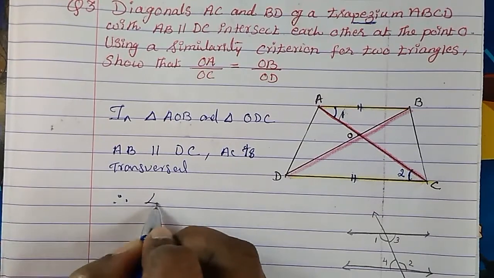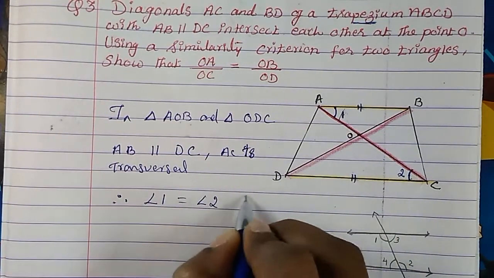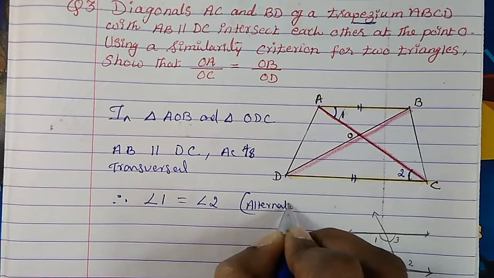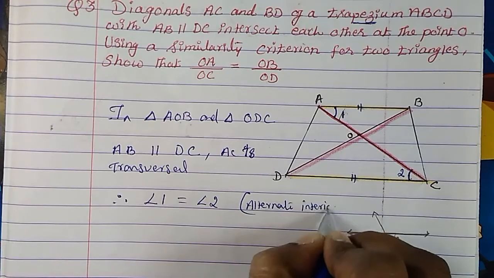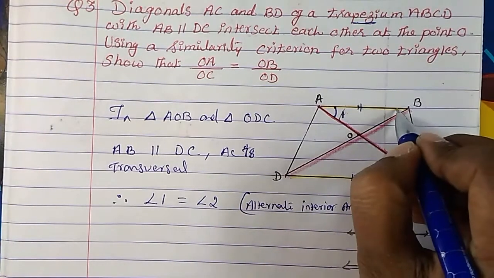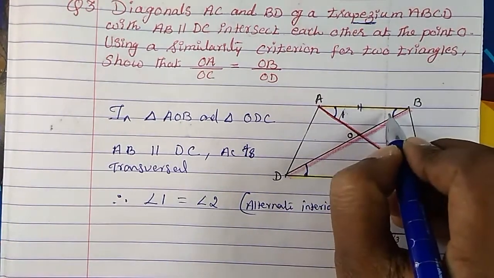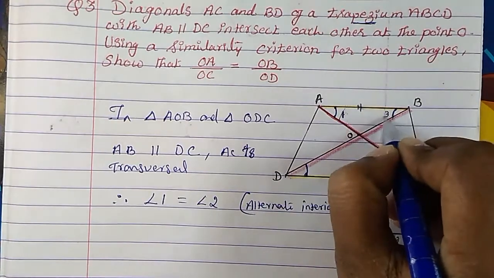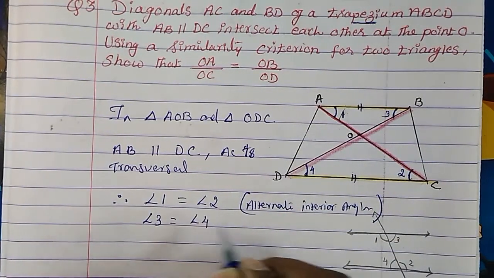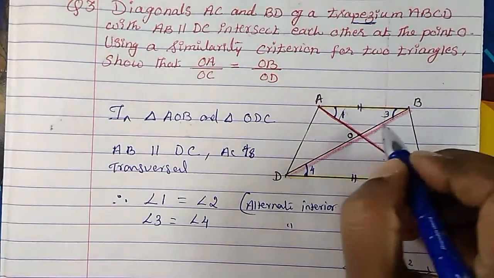Therefore angle 1 is equal to angle 2 because they are alternate interior angles. In the same way, this angle will be equal to this angle. We can name them 3 and 4. So angle 3 is equal to angle 4, because they are also alternate interior angles.